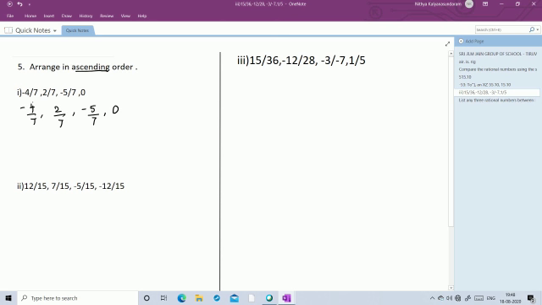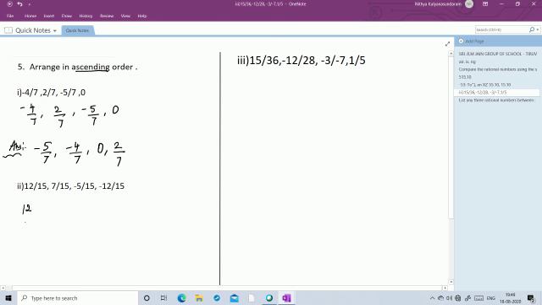The smallest number only we want to write first: minus 4 by 7, minus 5 by 7. Here we have two negatives, so the greater number is the smallest number. So the first rational number is minus 5 by 7, minus 4 by 7, then 0, then the positive rational number. So the answer is minus 5 by 7, minus 4 by 7, 0, then 2 by 7.